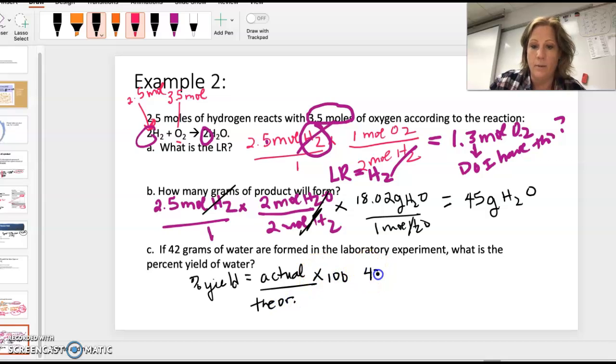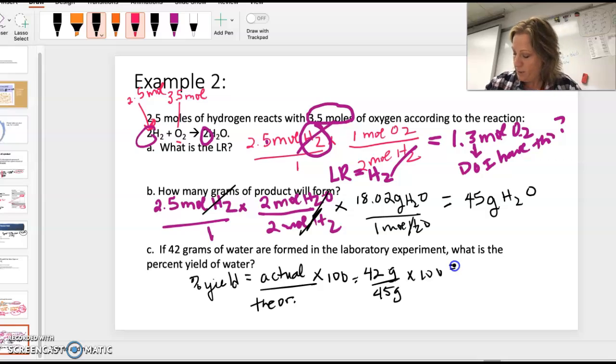So it's going to be 42 grams over 45 times 100, which is going to be a yield of, just wait, I haven't done this yet. So let's do it together. 42. So it's 93% yield.